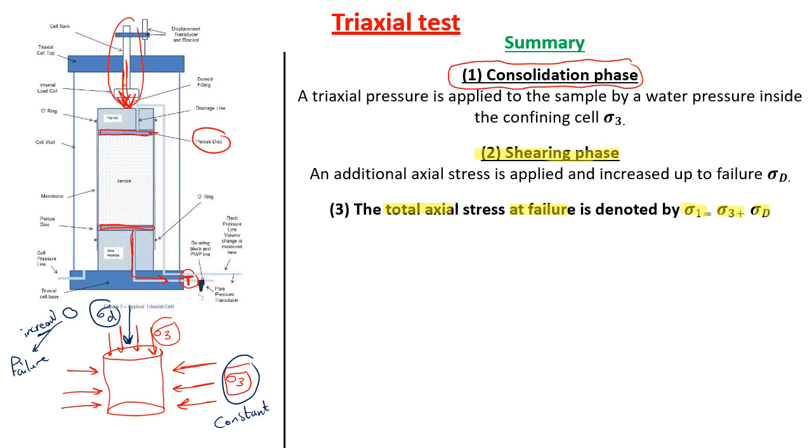You must know that sigma 3, which is the cell pressure or the confining pressure, is called the minor principal stress, while sigma 1, which is the total axial stress on the soil sample, is called the major principal stress.